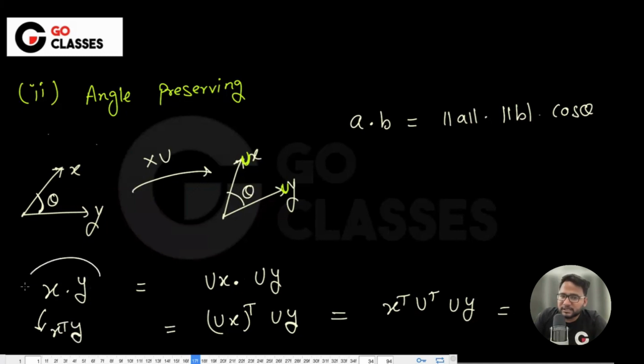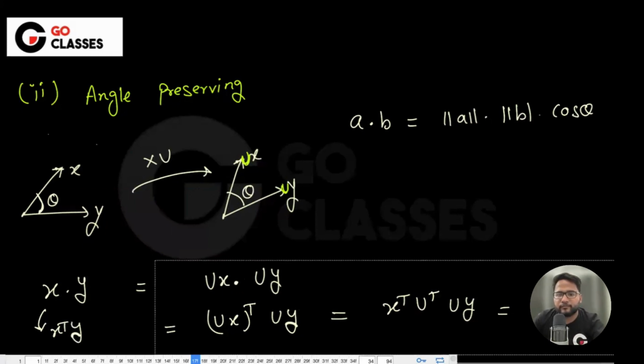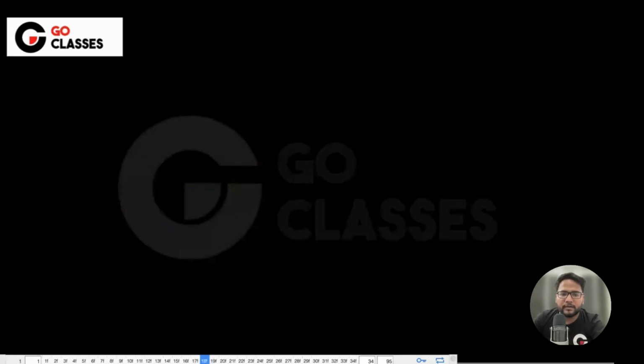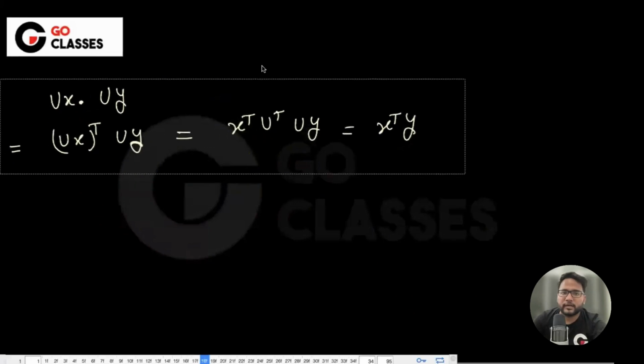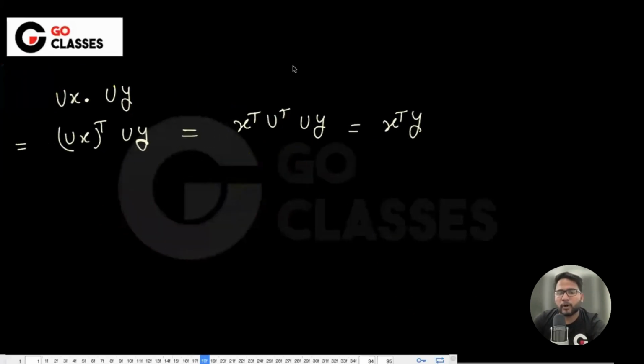So basically this is x transpose y, or maybe you can understand it like this. We started with ux dot product with uy, and we finally found out this is the same as x transpose y, or x dot product with y, right? So basically x and y dot product and ux and uy dot product are the same.